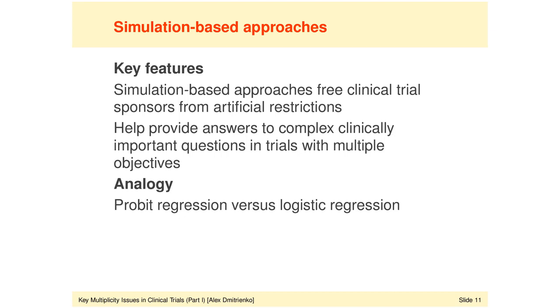We can talk about odds ratios, for example. We're no longer limited by artificial restrictions, similar to those that force statisticians to use probit models. And likewise, when it comes to simulation-based approaches in clinical trials with multiple objectives or in a general setting, we should take full advantage of available computing power.